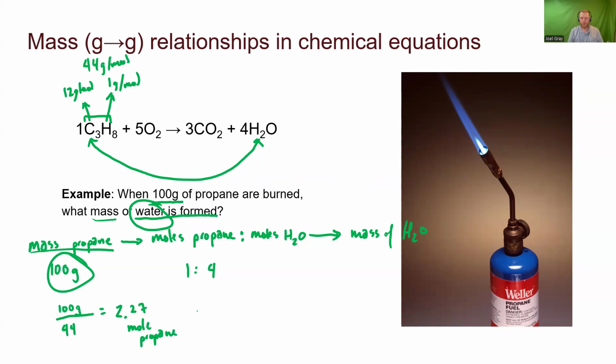Okay. Would you agree with me that now that we've defined the number of moles of propane, we're right here in our relationships? Now, for the sake of simpler numbers, let's just call this 2.3 moles propane.